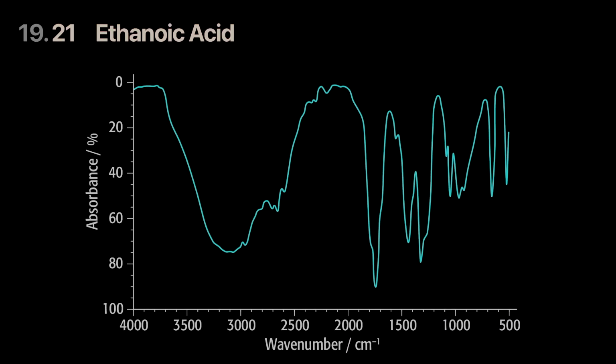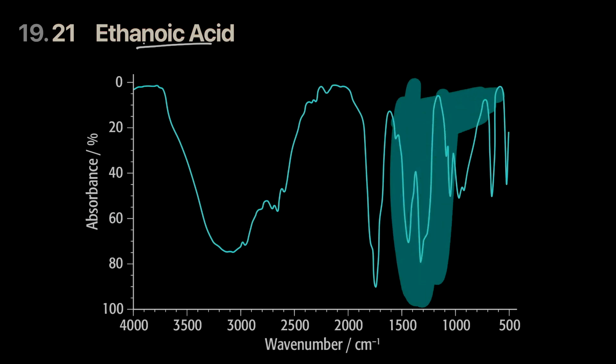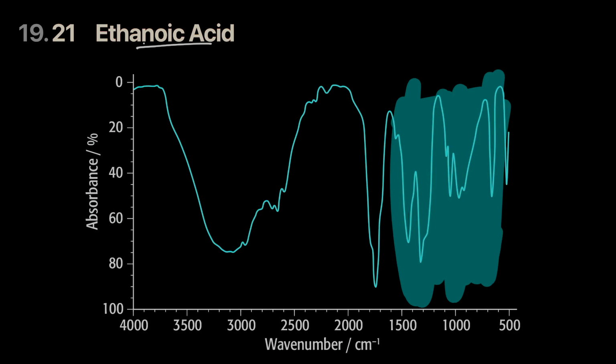We already discussed this. So basically, how do I know it's ethanoic acid? Well, there are two distinct features about this making an ethanoic acid. I'm going to highlight the area that I'm not going to look at first, which is your fingerprint region. So all of this I am not looking at. So outside the fingerprint region, what do I have? I have a dip at 1700 and a broad dip that starts from 2500 to 3500.